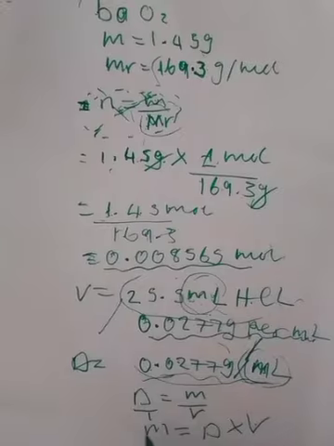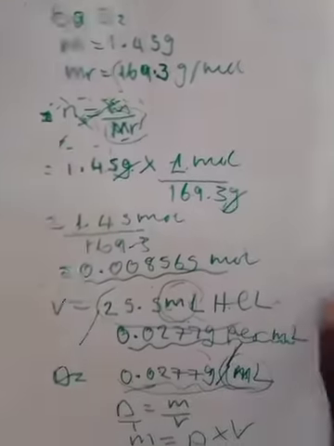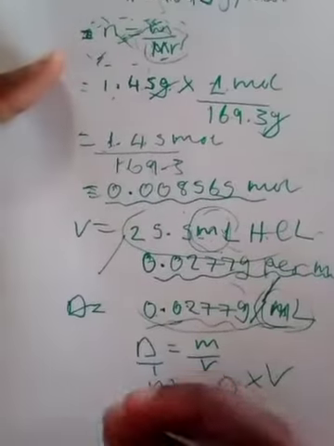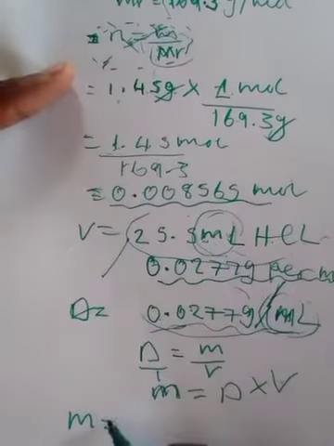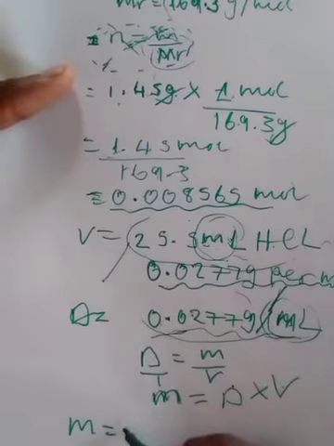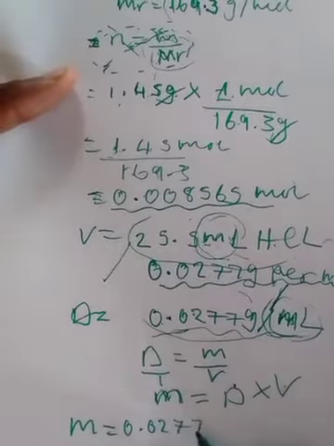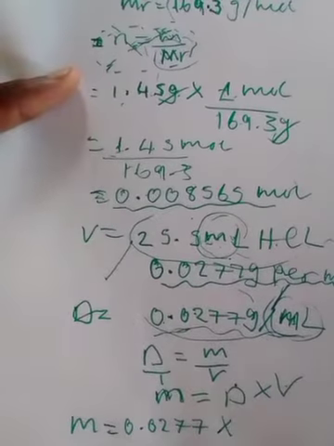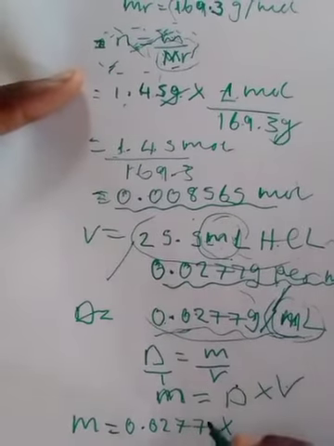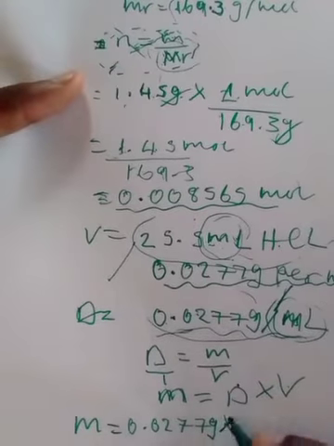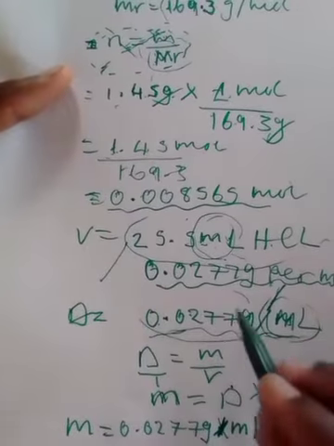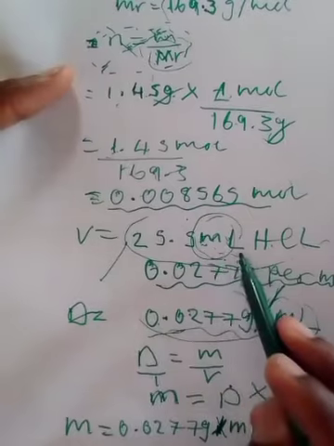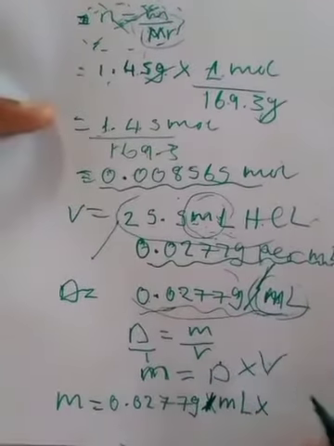So let me just do that now. Mass is equal to density, which is 0.0277 grams per milliliter, times the given volume, that is 25.5 milliliters.